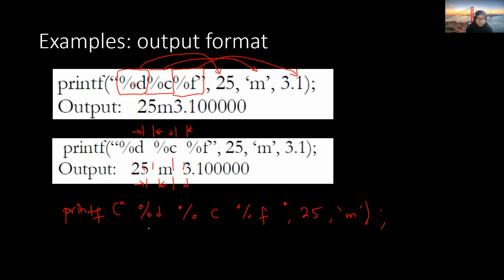So you're specifying 1, 2, 3 output, but what you entered is just 1 and 2. So it's not matched. So that is going to be an error. So if you have 1, 2, 3, you need to also have 1, 2, 3 variables.